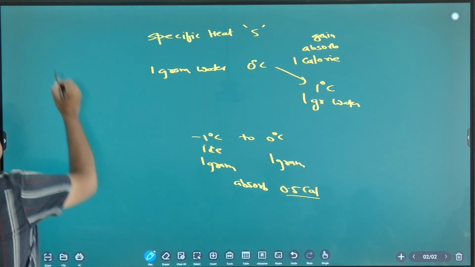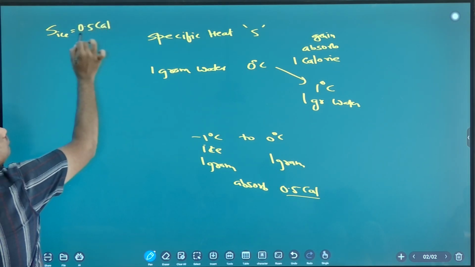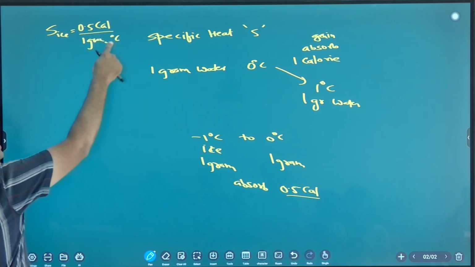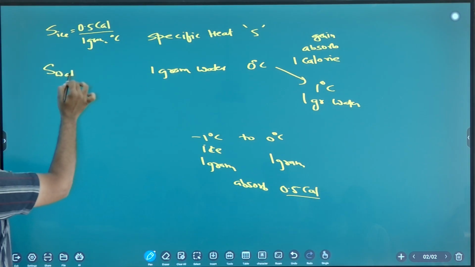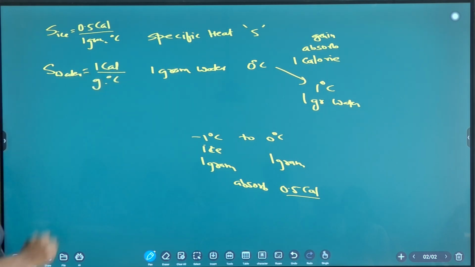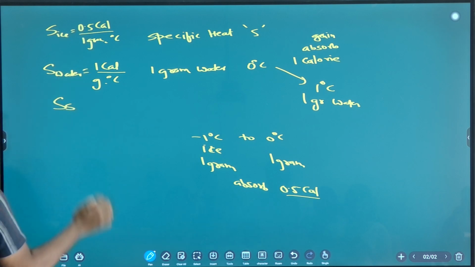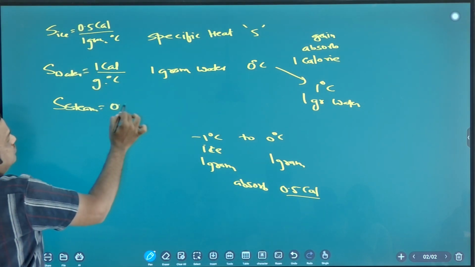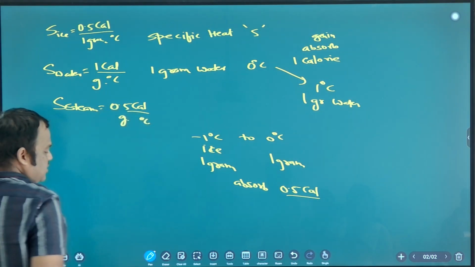So the specific heat of ice is 0.5 calorie per gram per degree Celsius rise in temperature. Specific heat of water is 1 calorie per gram per degree Celsius. Specific heat of steam is 0.5 calorie per gram per degree Celsius. Okay, clear?